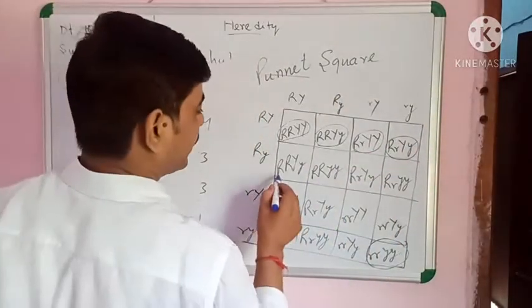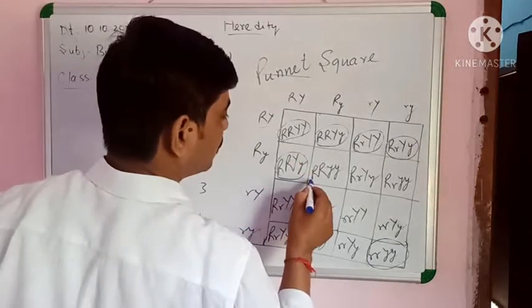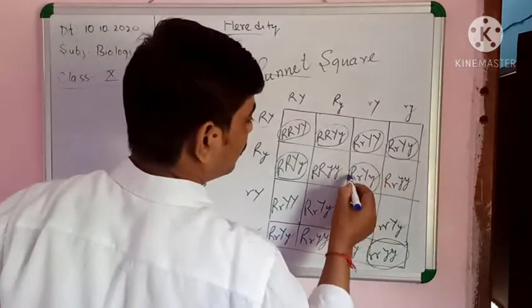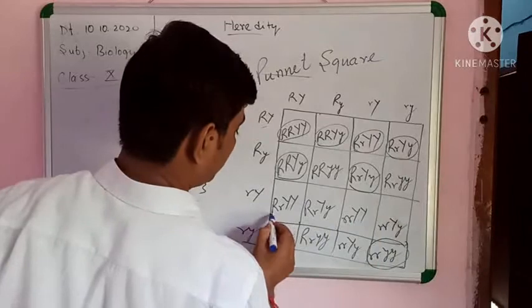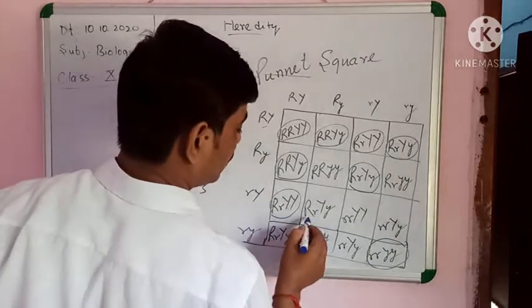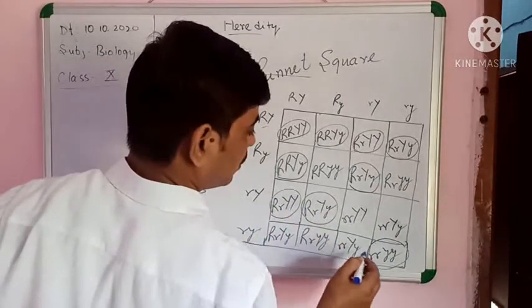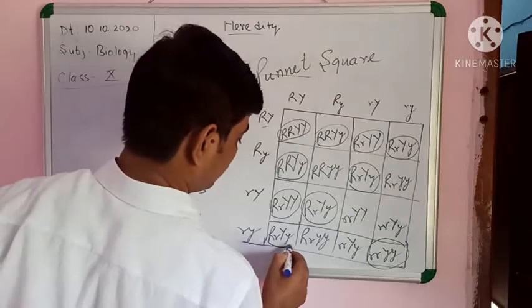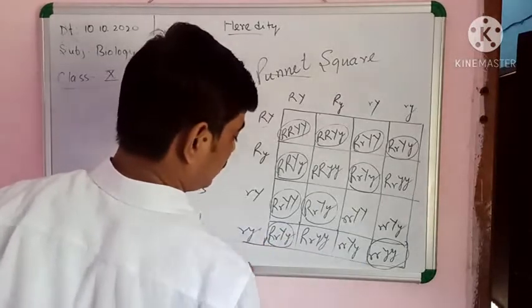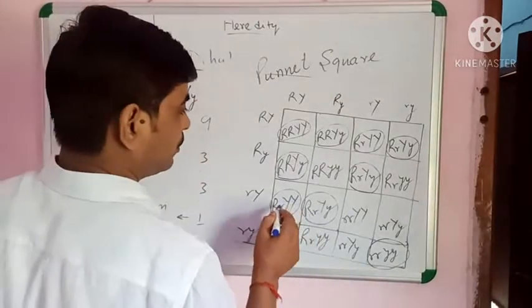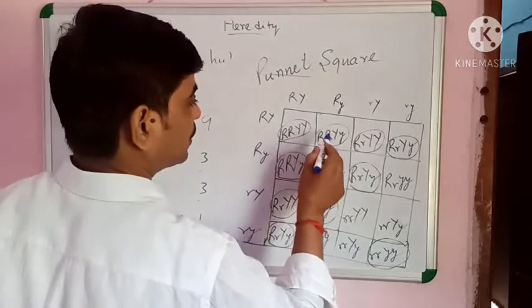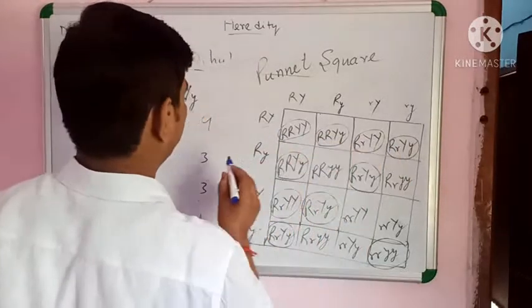Again round yellow, round yellow, and round yellow, round yellow. Again anywhere this is round yellow only. How many? 1, 2, 3, 4, 5, 6, 7, 8, 9.